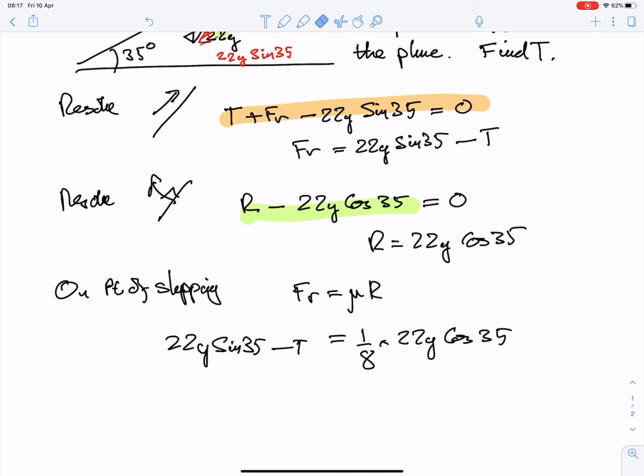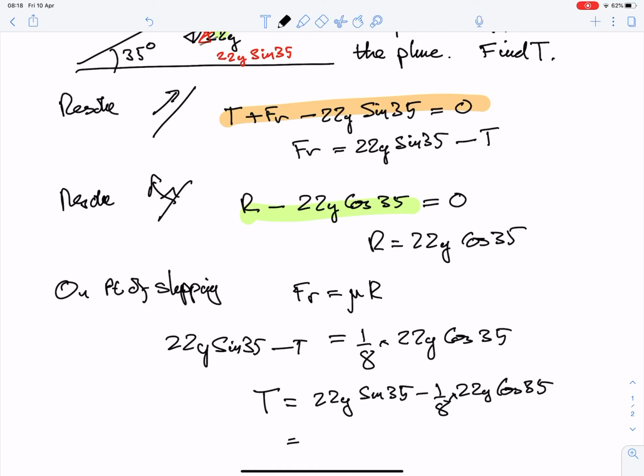Add the T across, subtract the 1/8 22g cos 35, and we get T is equal to 22g sine of 35 minus 1/8 of 22g cos 35, and tap it in the calculator.